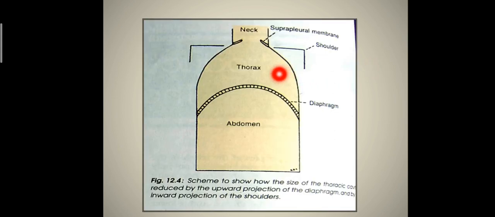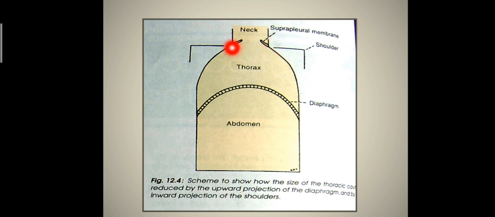Now this one is the thoracic cavity, which is a cone-like cavity, broad inferiorly and narrow superiorly. The thoracic cavity is separated from the abdomen by the diaphragm, which is the musculotendinous partition between the thoracic and abdominal cavity, and superiorly it is separated from the neck by the cervical diaphragm.